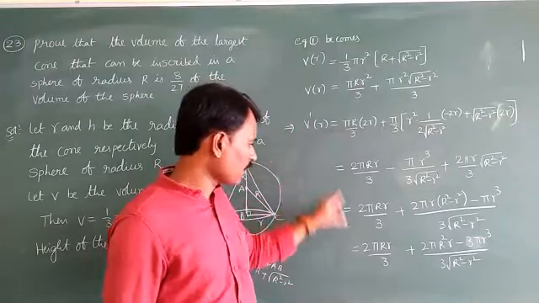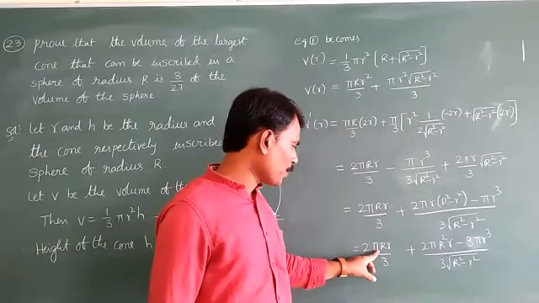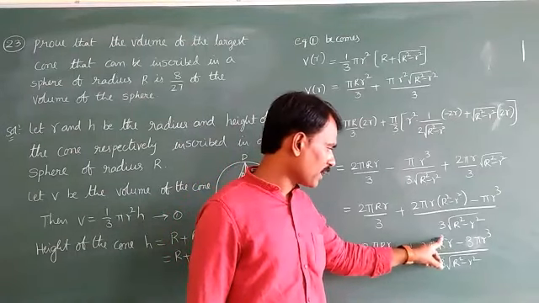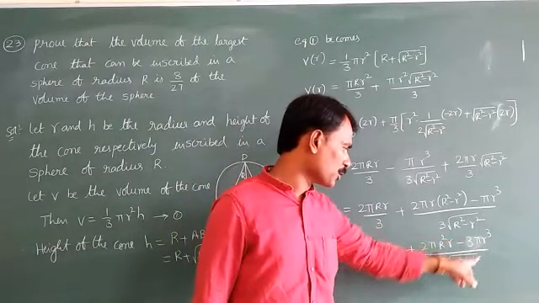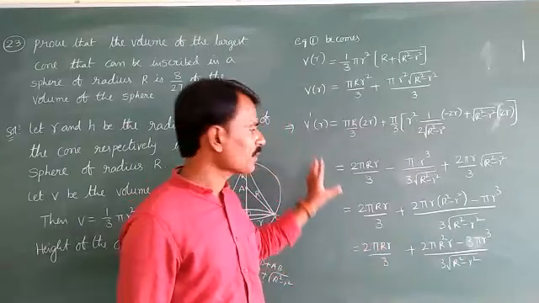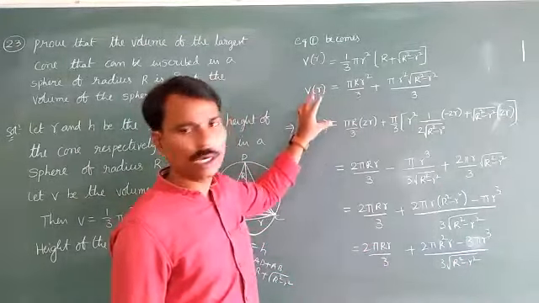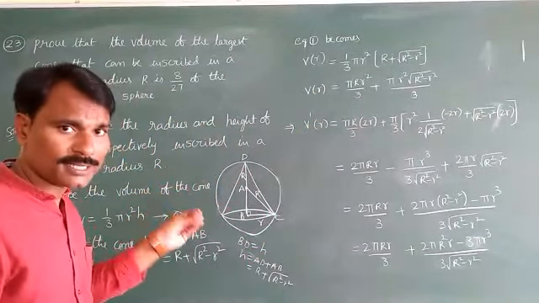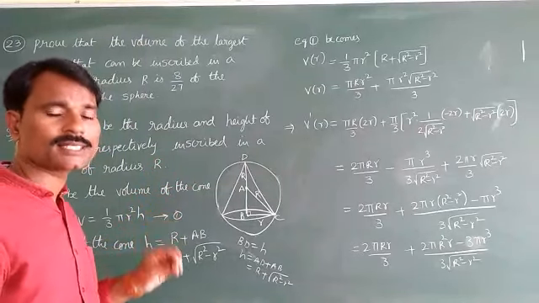Finally, V dash of r comes out as 2 pi R r by 3 plus 2 pi R square r minus 3 pi r cube, divided by 3 root of R square minus r square. This is the first derivative of the volume. Okay guys, you need to understand it.